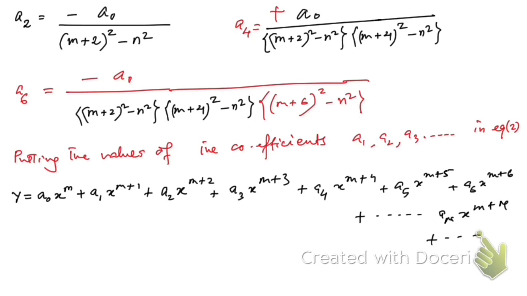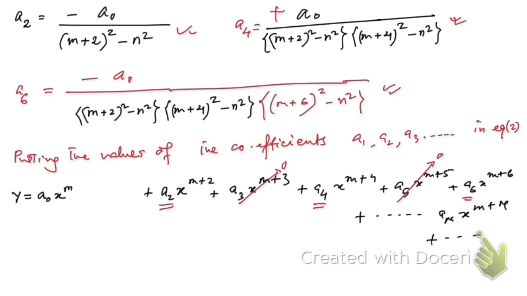Here where we have a1, a3, a5, those terms are 0, right? So now let us replace a2, a4, a6 and so on by these values of the coefficients we can see here. First let me cut those terms which have already become 0.